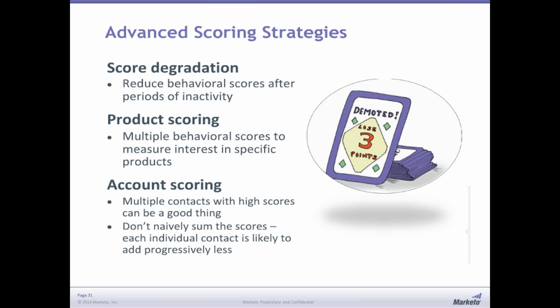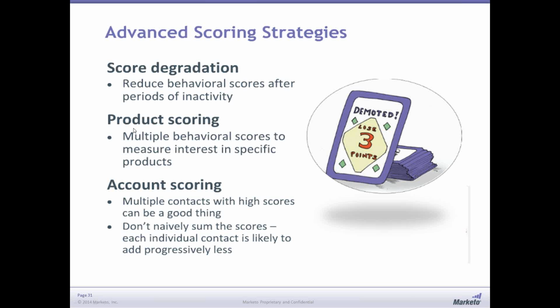Let's say the relative score was A or 100 points. And after that, no activity. You should start thinking about this strategy, which is score decay or score degradation, which means reduce the score if there has been inactivity in the past 90 days, 30 days, whatever you think makes sense for you.